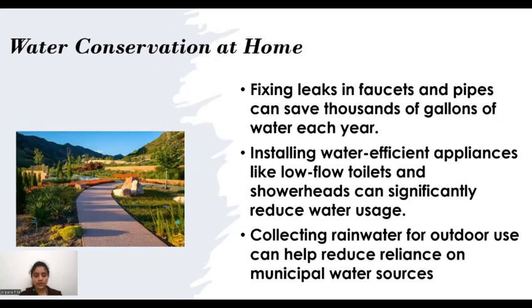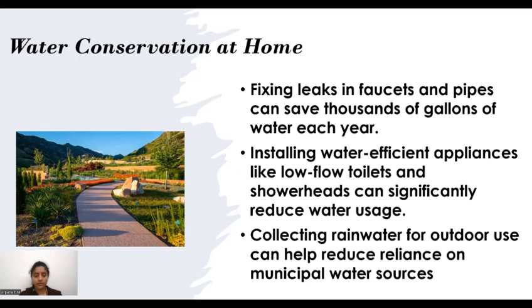Water conservation at home. How do we need to conserve water at home? Fixing leaks in faucets and pipes can save thousands of gallons of water each year. In our households, we should use pipes that do not leak water.